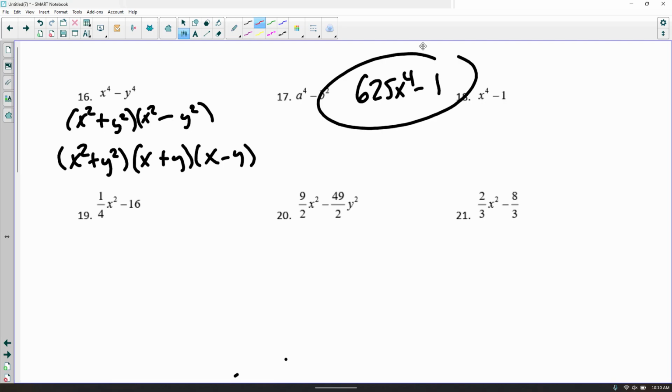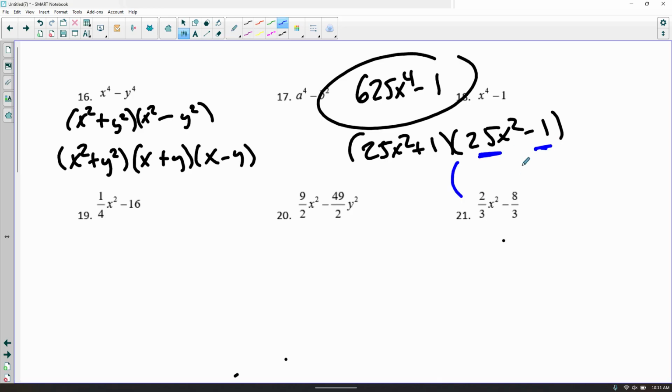What would that break down to? All right, so 25x squared plus 1 and 25x squared minus 1, correct? What do you notice about that? That breaks down to 5x plus 1 and 5x minus 1. And don't forget that, right?